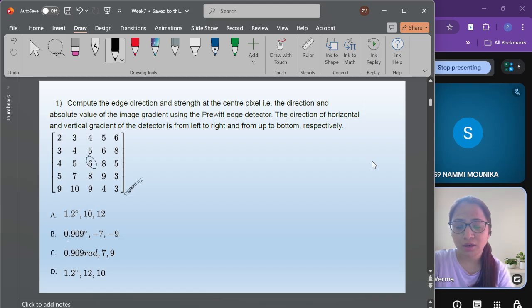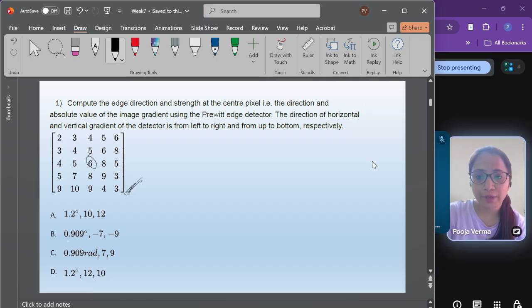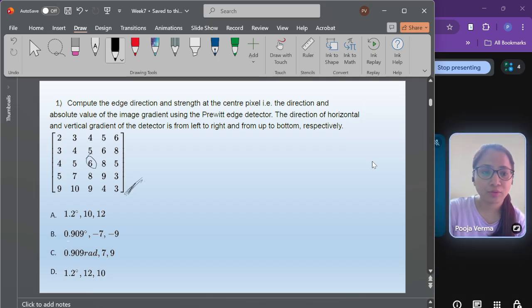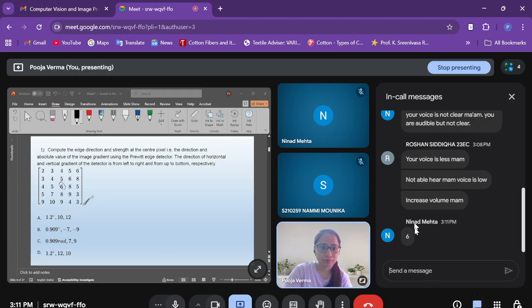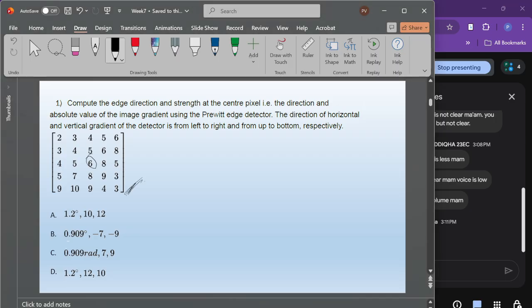First, we need to identify the 3 cross 3 neighborhood pixels. The center pixel of this 5 cross 5 matrix is 6, as we know.